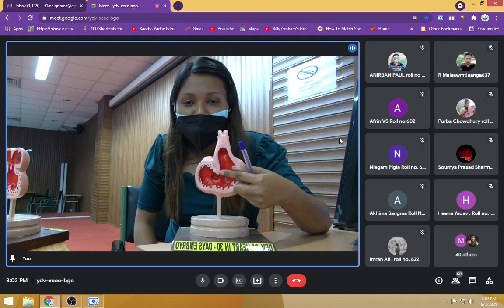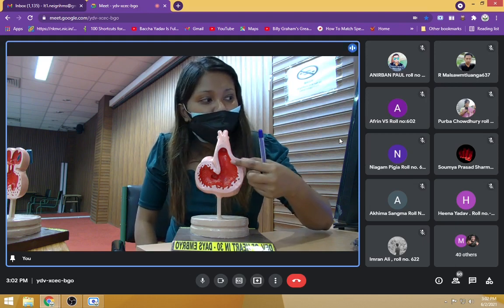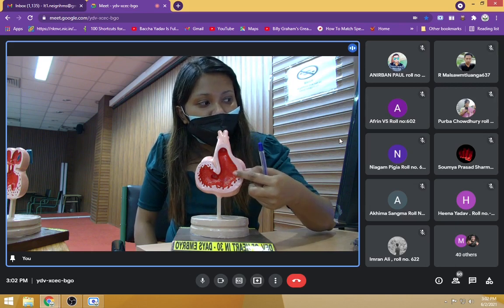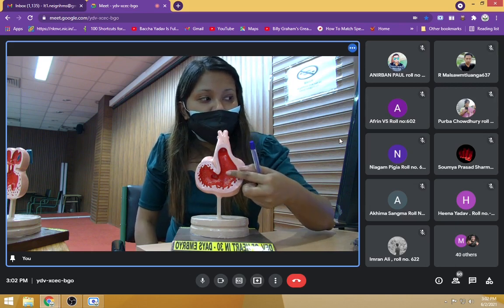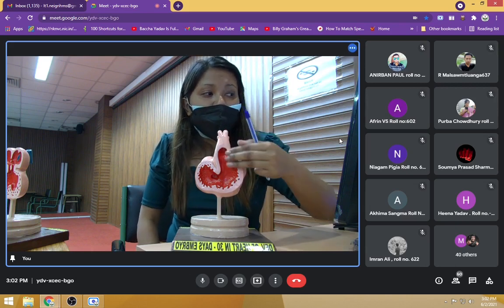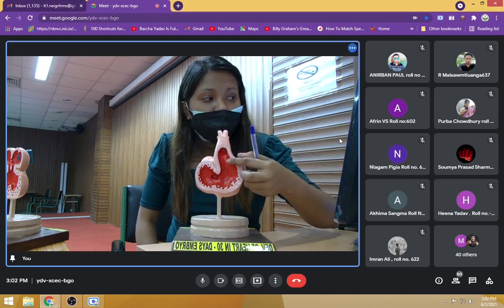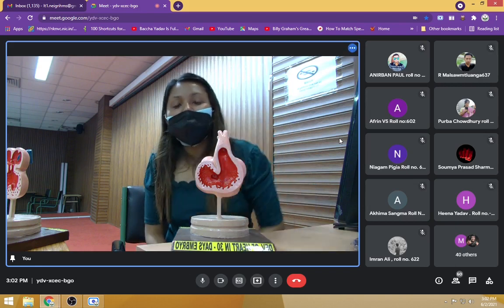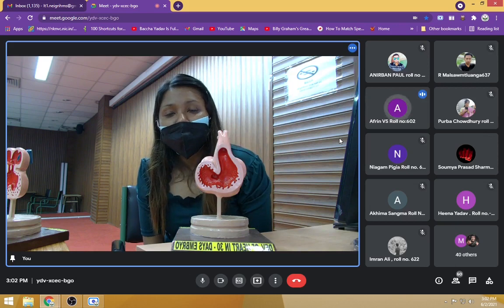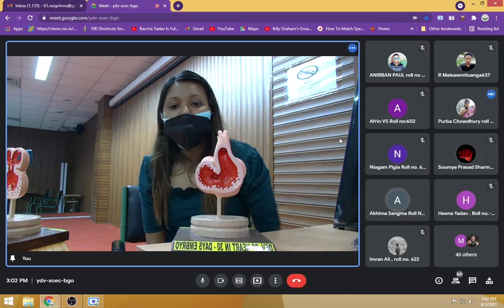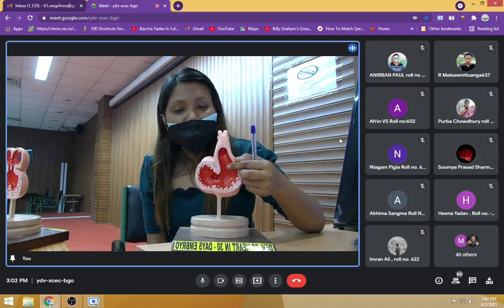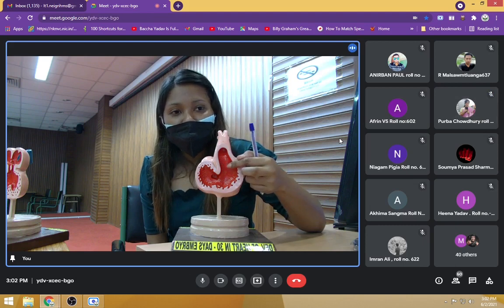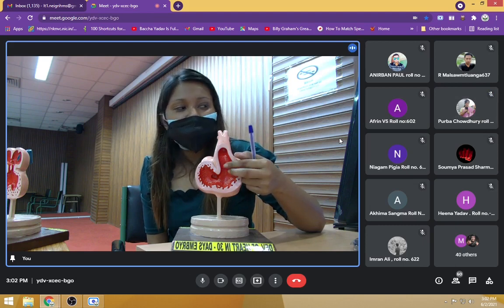Some cells from the AV cushion, and there will be two ridges here. Since it is known as bulbus cordis, the ridges are known as bulbar ridges. So these two bulbar ridges, right and left, are not seen here.